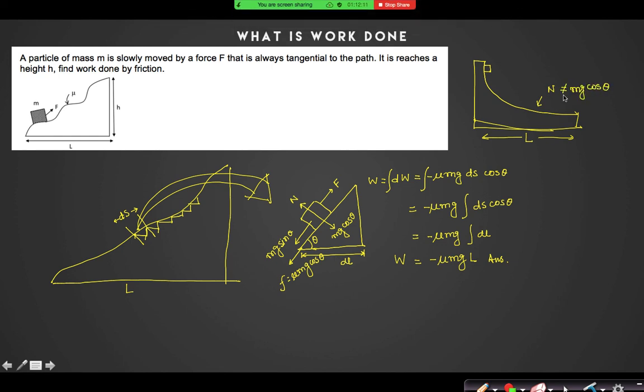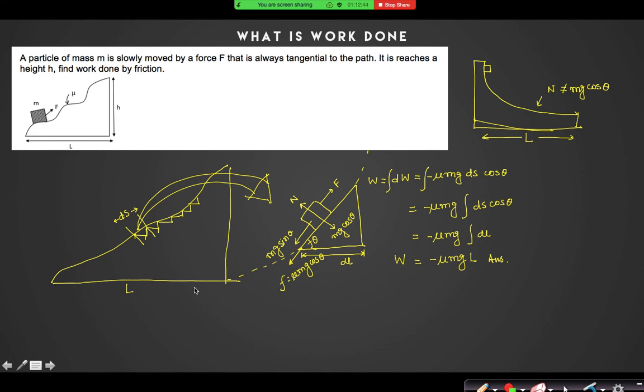Take a small straight line. But in this case, that straight line will also be a part of a circle.